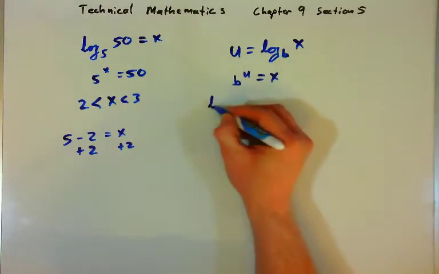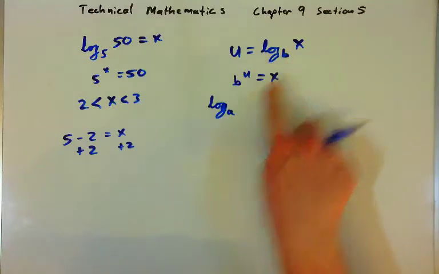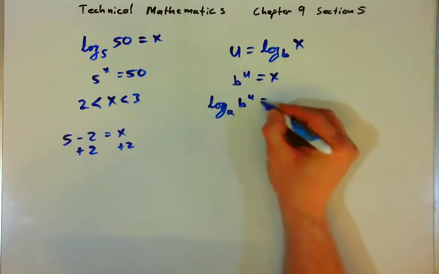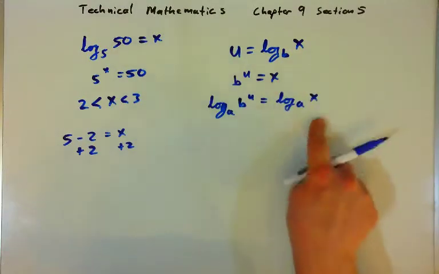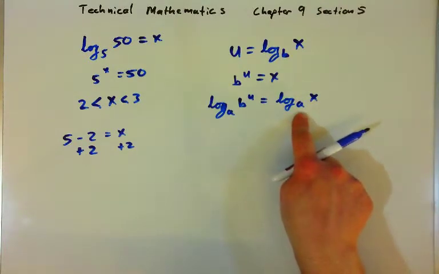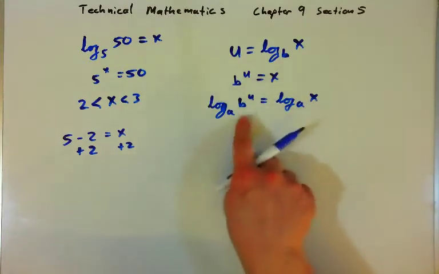So I can take the logarithm, let's say base a, some new base, not b, but some new base. Log base a of b to the u power will be equal to log base a of x. Now a here is going to be a logarithm with a base that our calculator can handle, such as 10 or e. And it doesn't matter which one it is as long as it's the same.